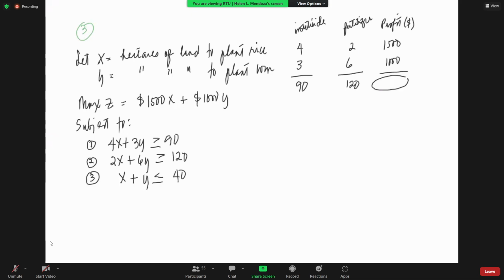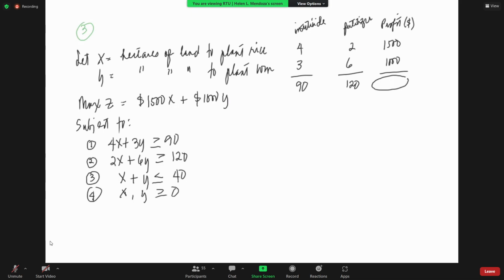So there would always be that possibility na hindi mo siya matamnan lahat, although may possibility rin siya na makuha mo siya ng buo. So less than or equal to po, hindi po necessarily equal to. So yun pong ating ikaapat, meron tayong x, y greater than or equal to 0.